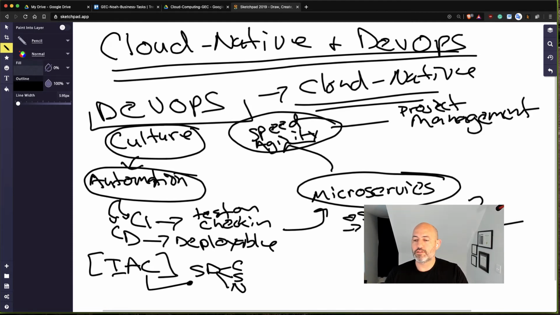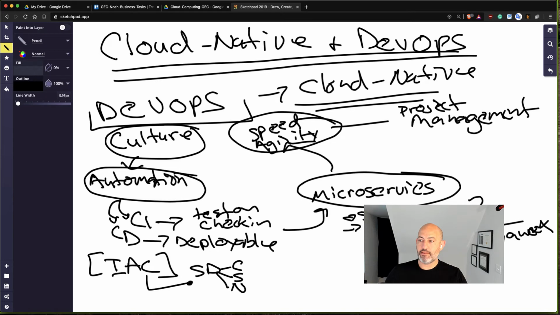So that's one of the reasons to use DevOps. This is also almost like a test, is how many times are you deploying your code per week? If it's once, probably not using DevOps.